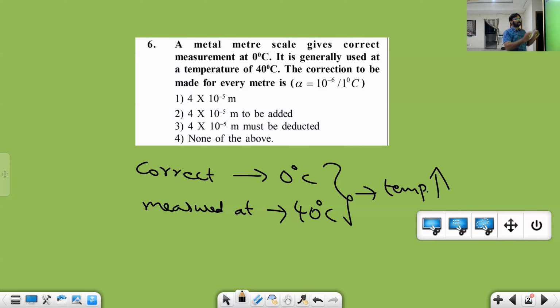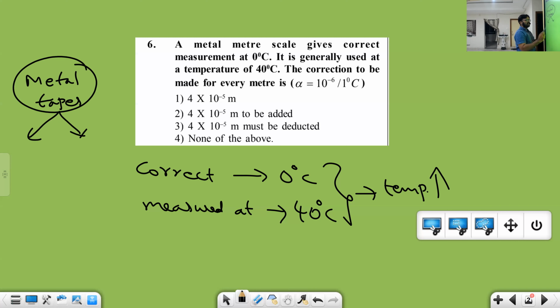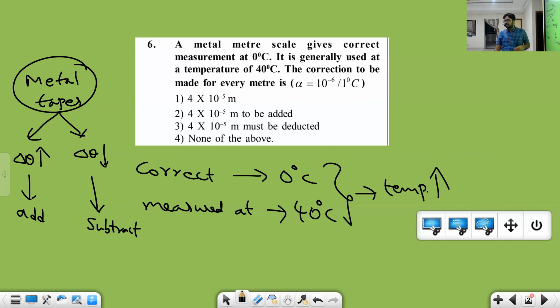Yesterday, when I discussed the metal tapes topic in class, I gave the hint that if temperature increases, we have to add the error, and if temperature decreases, we have to subtract the error. If you check yesterday's class notes, you will find this information.